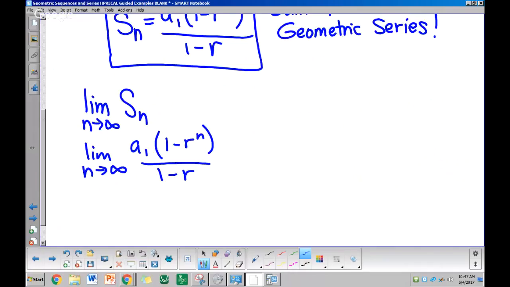What happens if r is something like 1/2? Then it's smaller and smaller and smaller. What happens when I raise 1/2 to the 10th? It's like 9.7 times 10 to the negative fourth. What if I raise 1/2 to the 50th? Really small. What is the number? 8.88 times 10 to the negative 16.